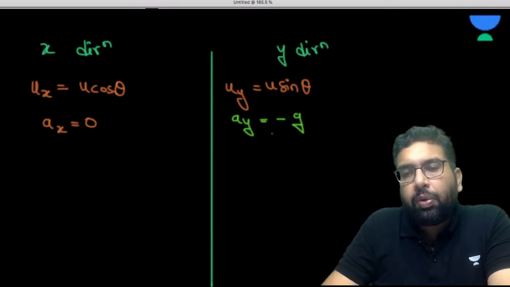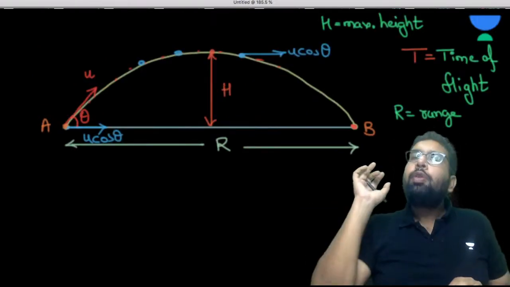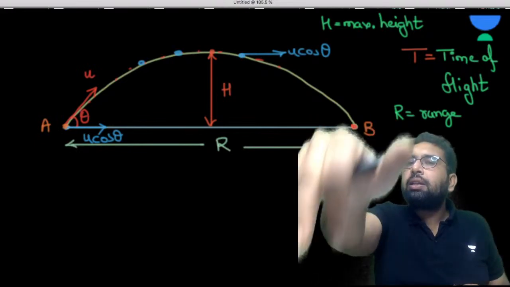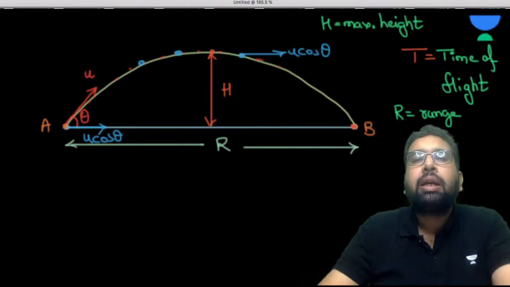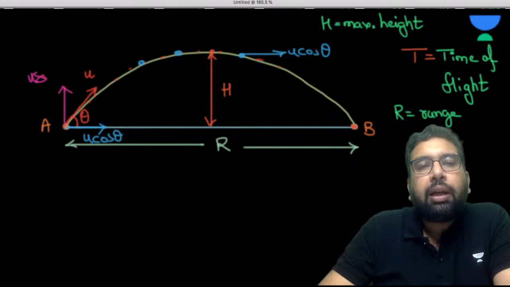Now if you observe this motion, try to feel it practically. When you throw something, it reaches some maximum height, then it starts falling down. Why does it happen? The velocity has a vertical component, that is u sin theta.